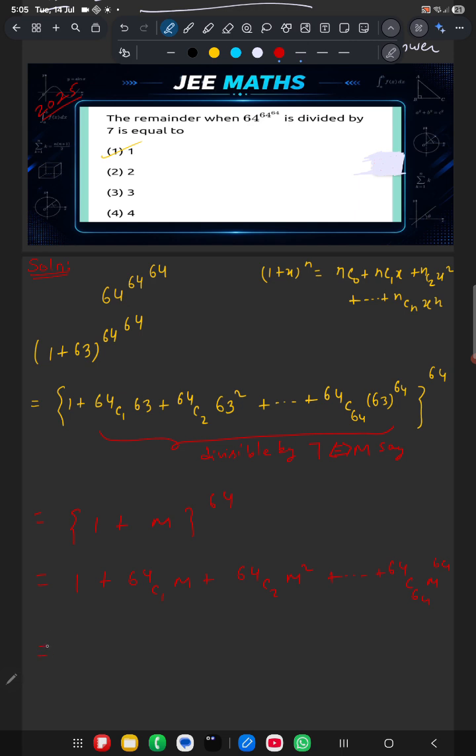So this whole expression, on division by 7, will give remainder 1. So which option is it? Option 1 is correct.